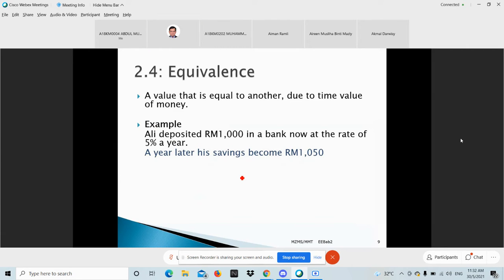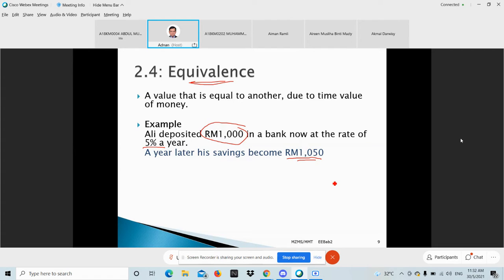Equivalence. What is equivalent? The value that is equal to another due to time value. For example, Ali deposits 1,000 in a bank now at the rate of 5%. After a year, he is going to get 1,050. So this is equivalence. 1,000 now will be equivalent to 1,050. It is like taking a PTPTN loan, you take it now and have to pay more.